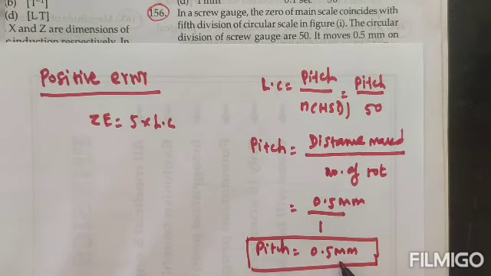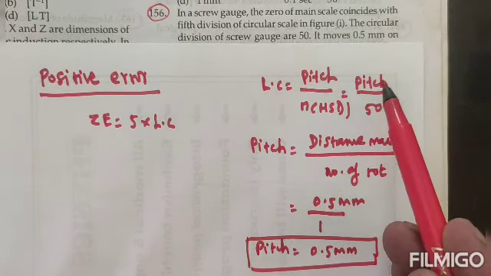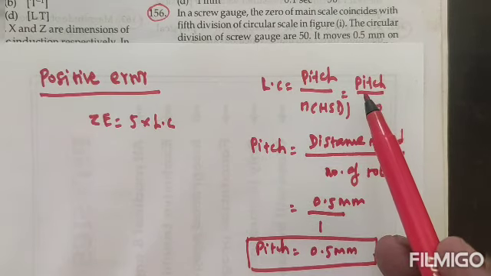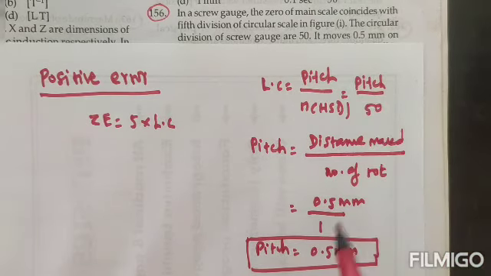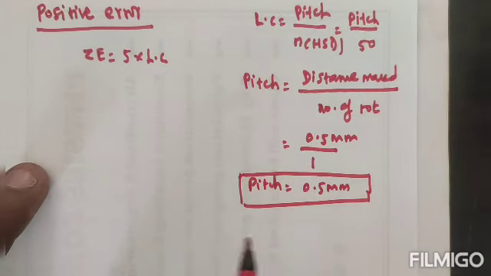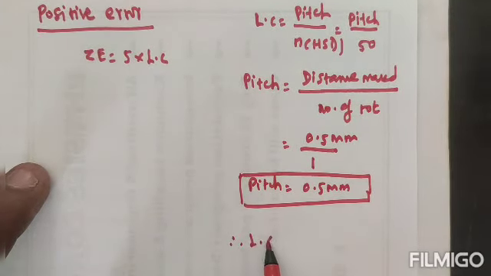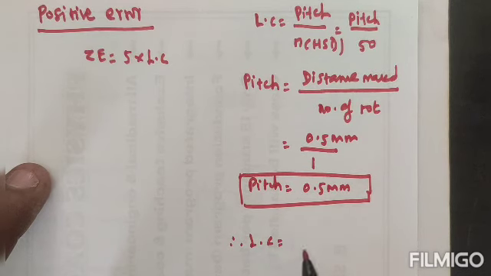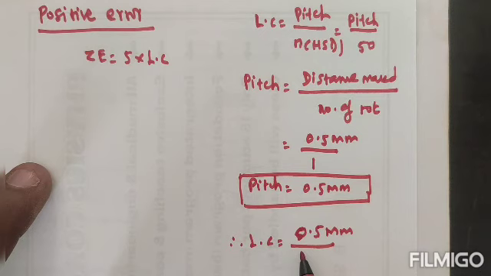Now this pitch value we are going to apply in the least count formula. Please listen. Therefore least count is equal to pitch value divided by number of head scale divisions. Pitch value, you know, is 0.5 millimeter, divided by the number of head scale divisions, that is 50.